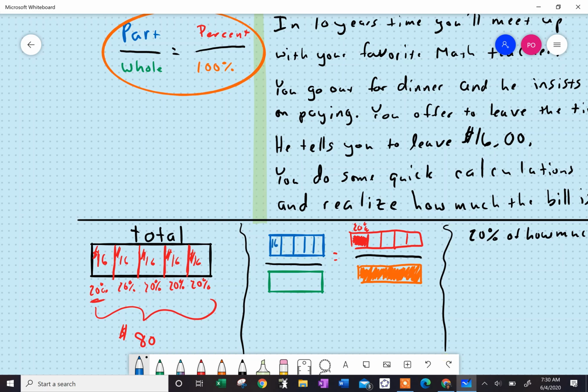And if that's 16, the only one I don't have is my whole. How much was my whole or my total? Once again, 16 times 5 is 80. And you'll see that 80 is 100%, just like 16 is 20%. That's why I like this picture so much, because you can see the direct comparison. 16 is 20%, just like 80 is 100%.